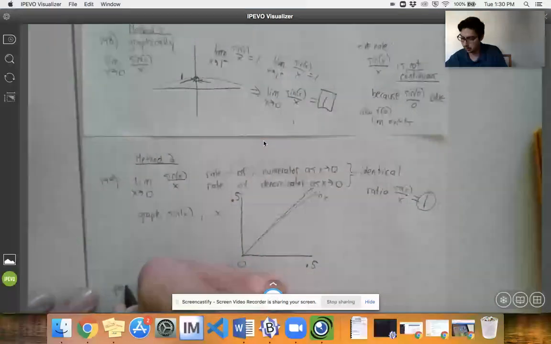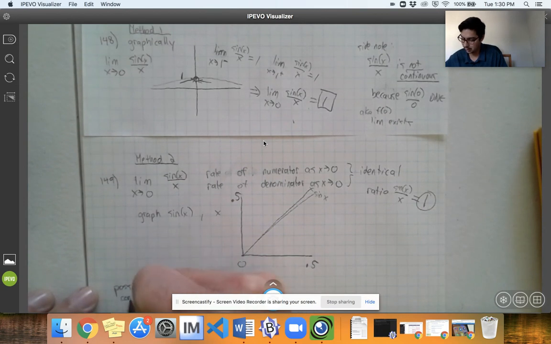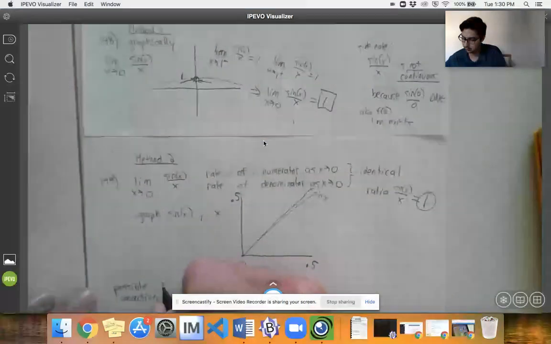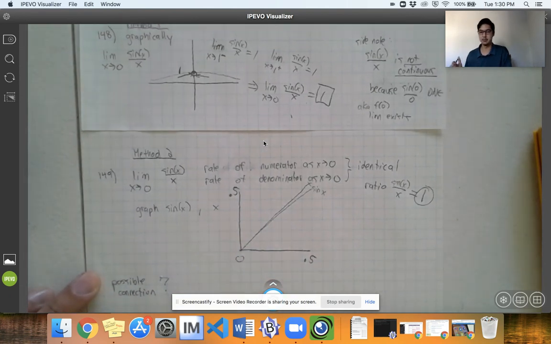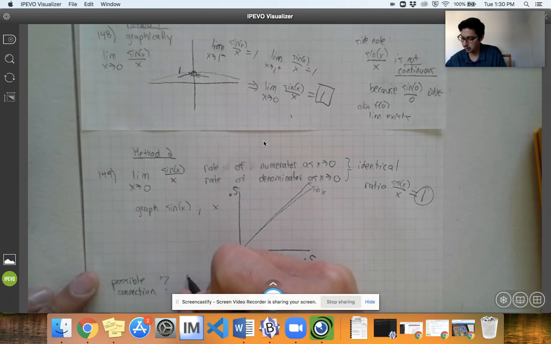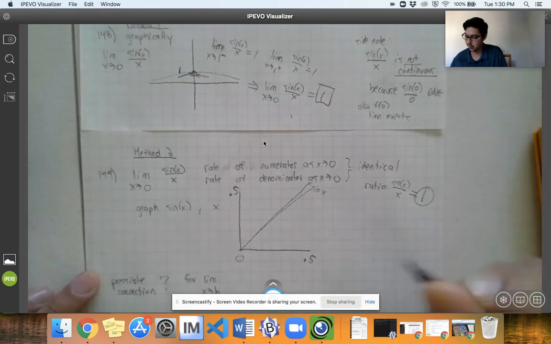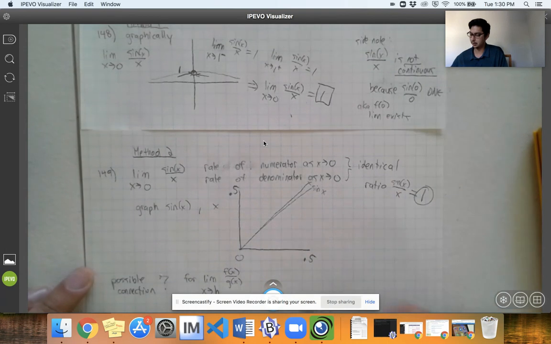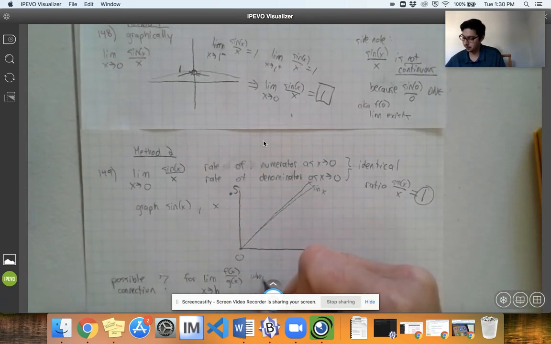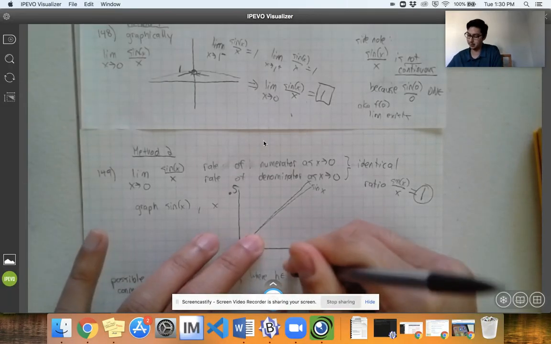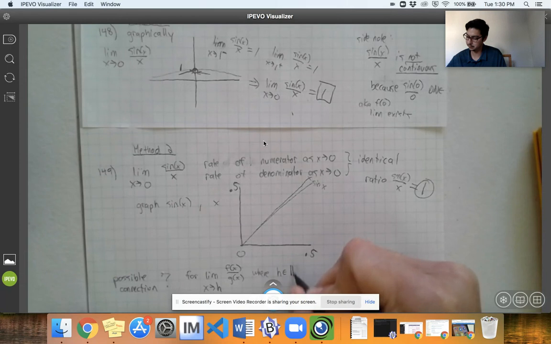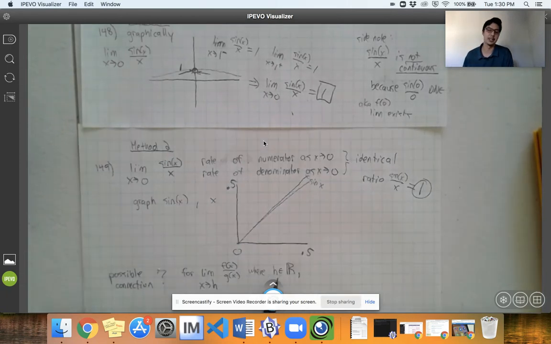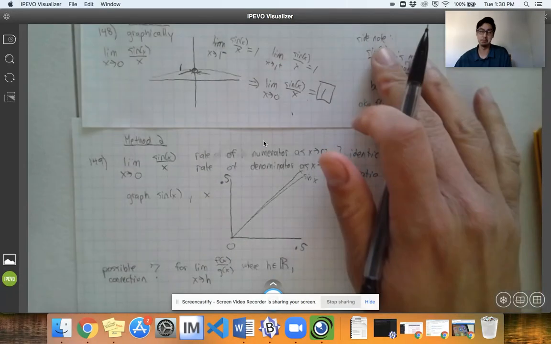So a possible connection, as this leads into the next video, from that observation is that for indeterminate forms, so for the limit as x approaches some value h of f of x over g of x, where h is a real number, any positive number, any negative number, any number, even decimals.